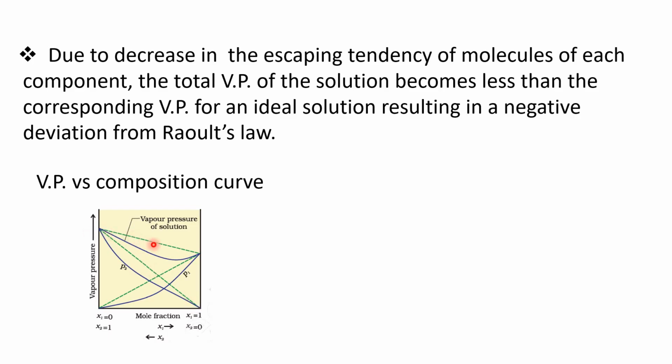And this line indicates the total vapor pressure of the solution if it behaves ideally, but actually for such a solution the total vapor pressure will be less than that given by Raoult's law. So total vapor pressure will be less than the partial vapor pressure of component A given by Raoult's law plus the partial vapor pressure of component B given by Raoult's law.